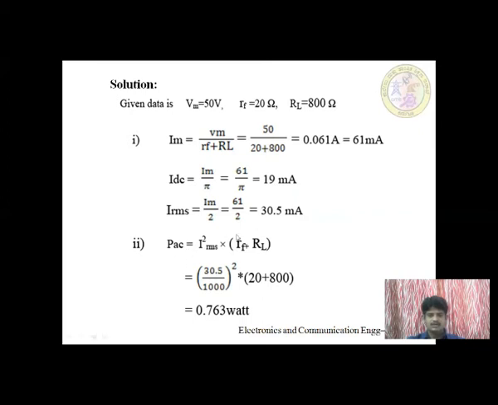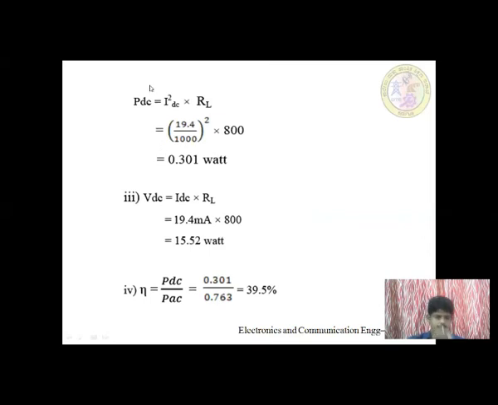I square RMS, so it is written as 30.5 by 1000, because this is in milliamps. That's why it is written like this. Or you can directly take 30.5 milliamps squared into RF, which is 20, plus RL, 800 ohm. When you simplify this, you will get 0.763 watts.